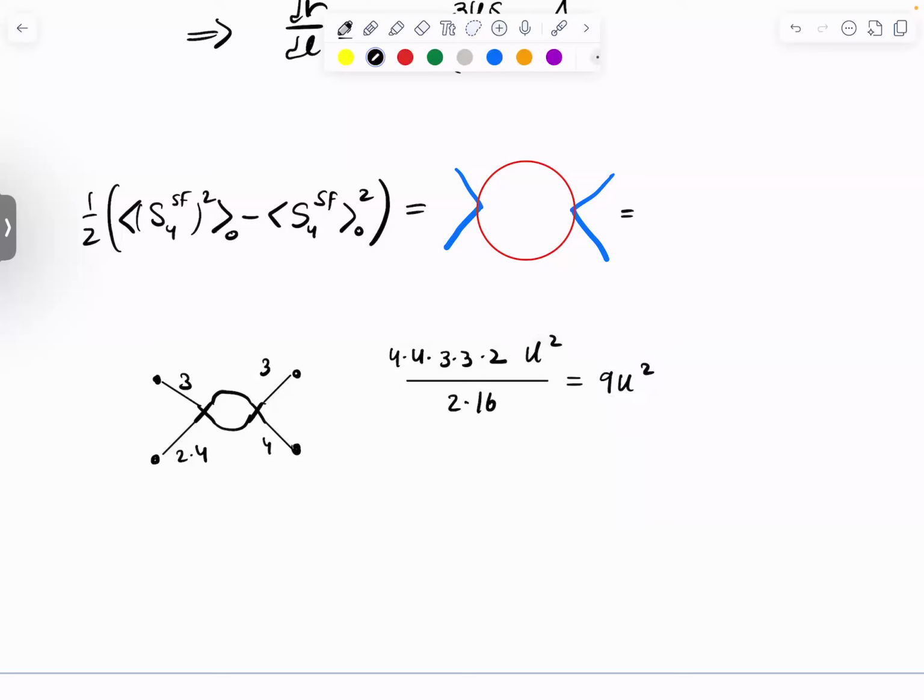And therefore this diagram gives me 9u squared, the integral dk over 2 pi to the d, 1 over k squared plus r, squared. Now is the time you should be complaining about something.